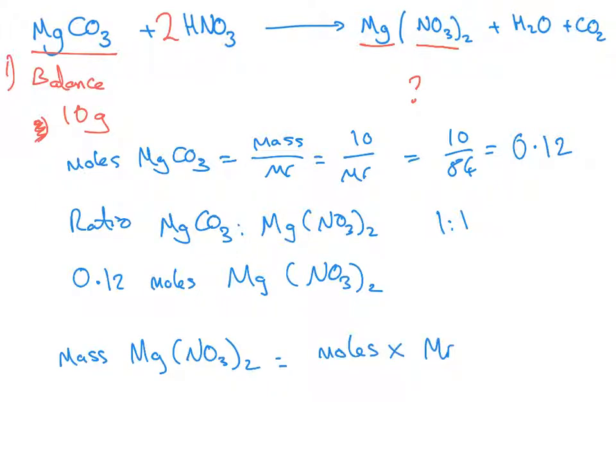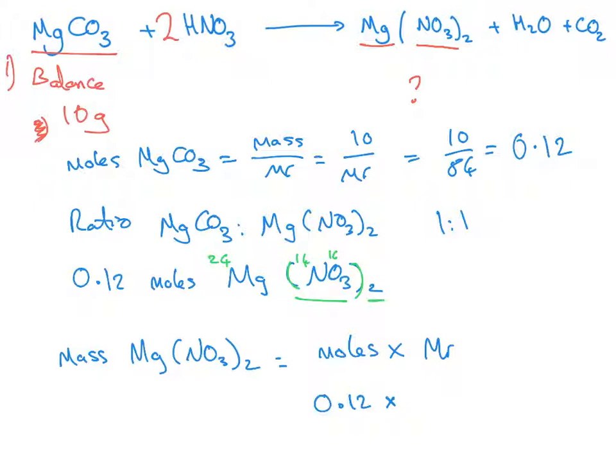Now, my moles are 0.12, but my mR is a bit more tricky to calculate, so I'll calculate that with you now. Magnesium, the relative atomic mass is 24, nitrogen is 14, oxygen is 16. Now you see you've got these brackets here, so that means everything inside those brackets needs to be doubled.